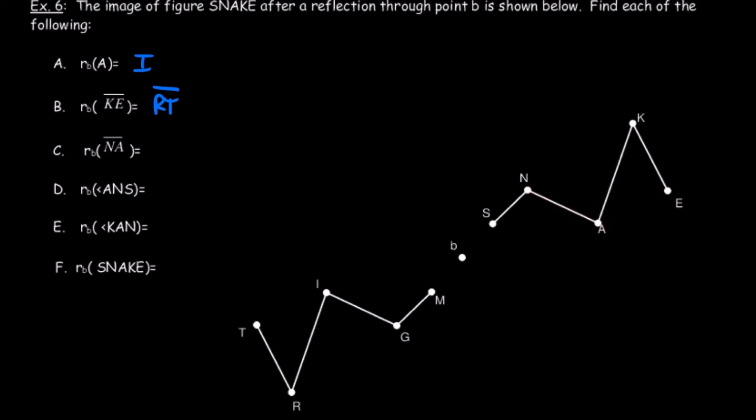N gets reflected to G, and A gets reflected to I. So NA is reflected to GI. Angle ANS goes to IGM.